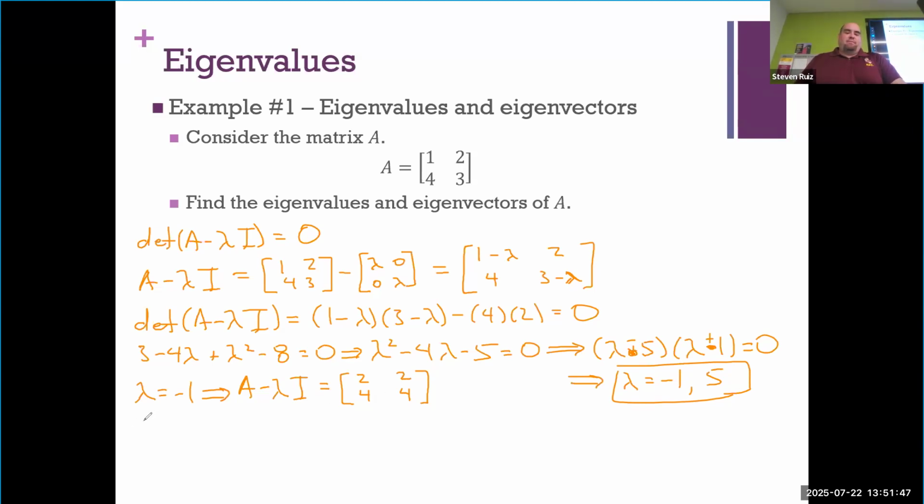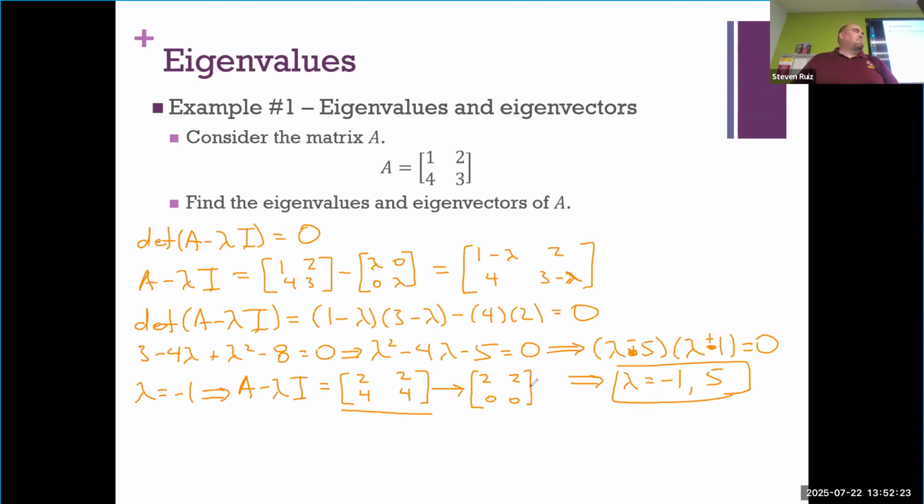Can we do that? Can I find a basis for the null space of 2, 2, 4, 4? How do we do that? Yeah, let's reduce it. How can we reduce it? 1 from row 2? Yeah, let's do it twice. If we do that, then we get 2, 2, 0, 0.